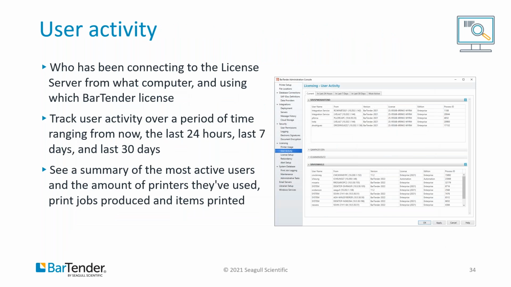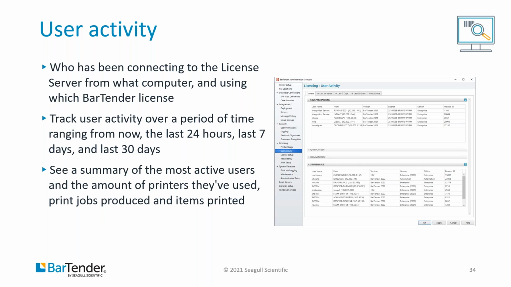We can also track user activity: who has been connecting to the license server, from what computer, and what BarTender license, if you're hosting more than 1 license, has been used.